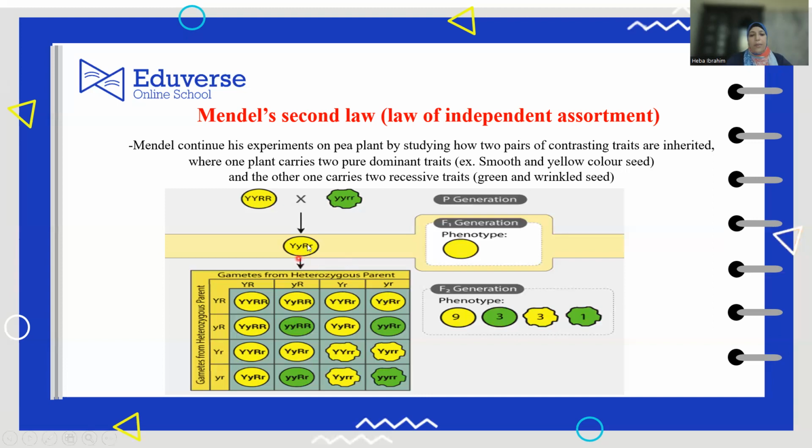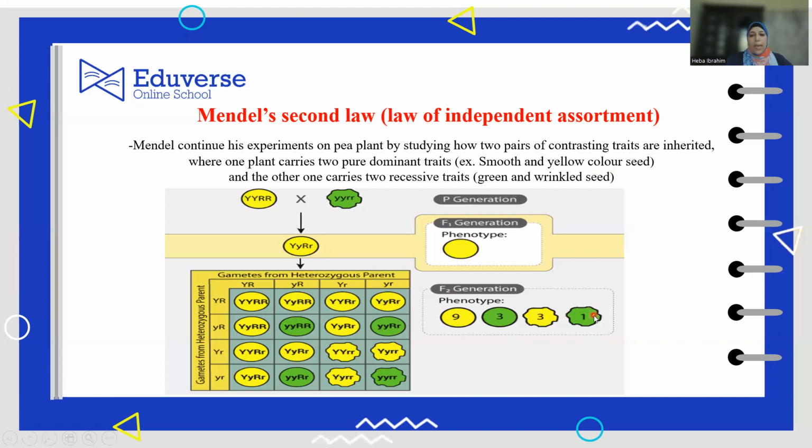When two individuals carrying the genotype capital Y small y, capital R small r are crossed together, the product will be 16 individuals. Nine of these individuals carry the smooth and yellow seed, meaning the dominant traits.